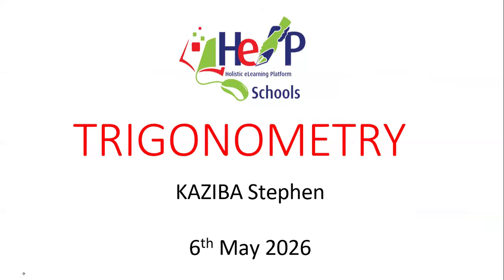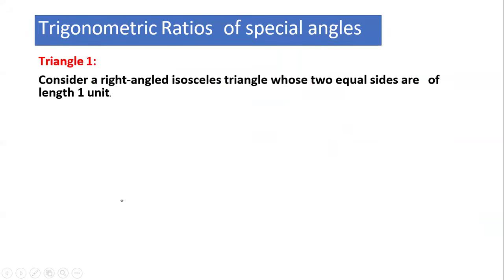Allow me now to tell you that today we are going to look at what we call trigonometric ratios of those special angles. We have what we call special angles. Some of those special angles we are going to look at, we are going to first look at the first type. And here we are going to have what we call a right-angled isosceles triangle.